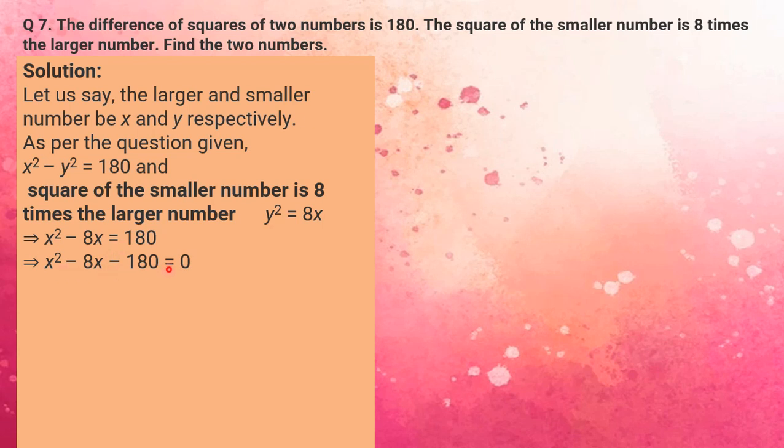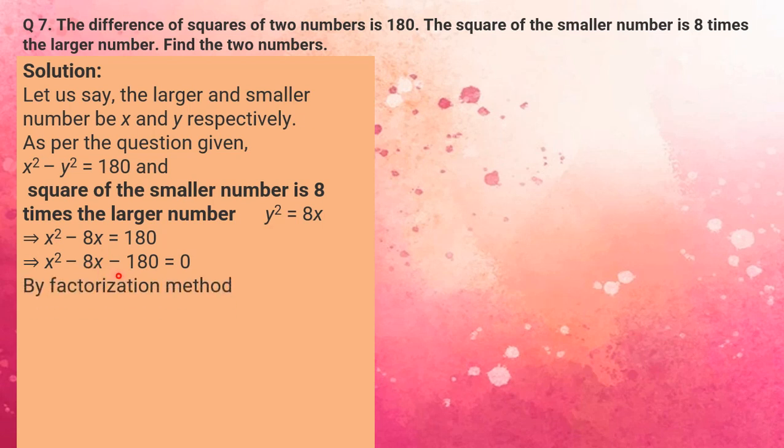Now this is a quadratic equation. We have to find the solution, or roots, of this equation. For finding the roots we can use the completing the square method, the factorization method, or the quadratic formula. By using all these three methods we can find the roots of the equation.